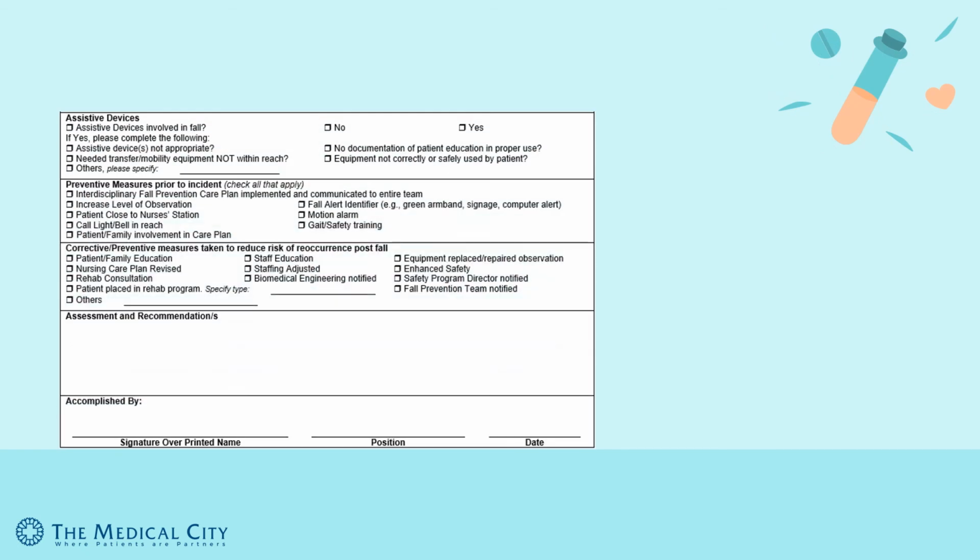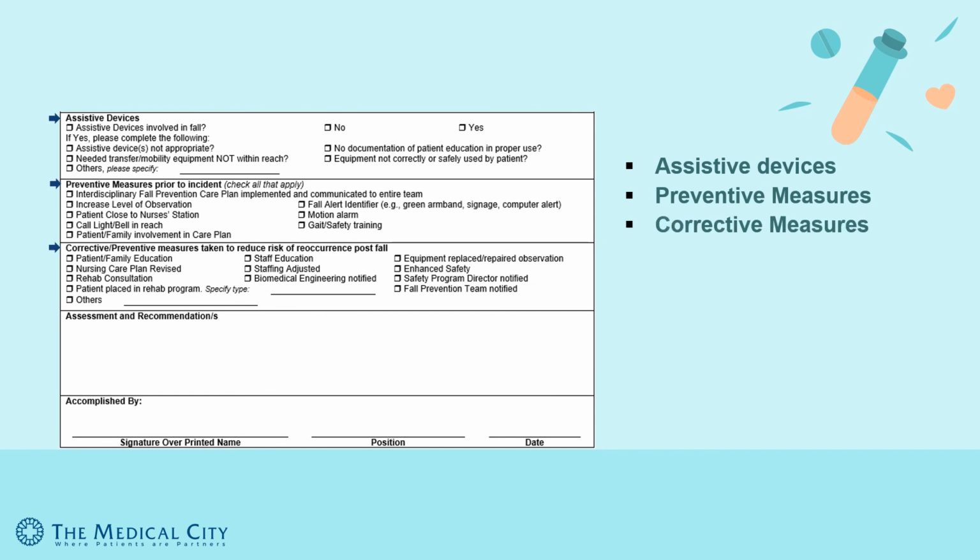They will also check if the patient uses any assistive devices. Are there preventive measures in place or done before the incident? The corrective measures will also be identified to prevent future occurrences. Finally, all environmental findings will be stated in the recommendation, if there are any. The ECD specialist will sign the form.